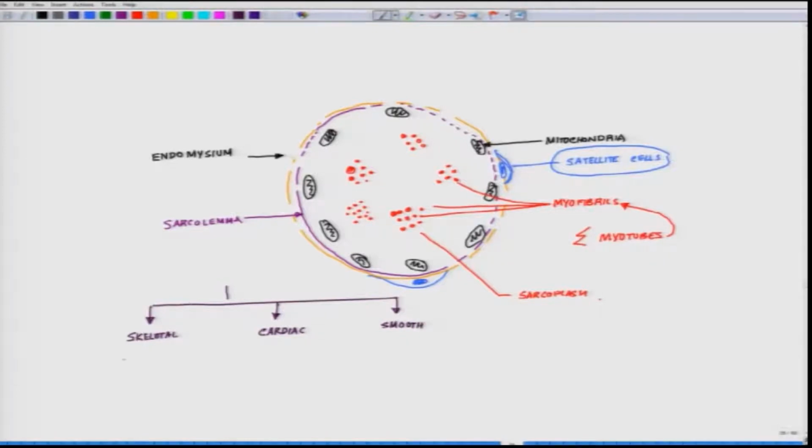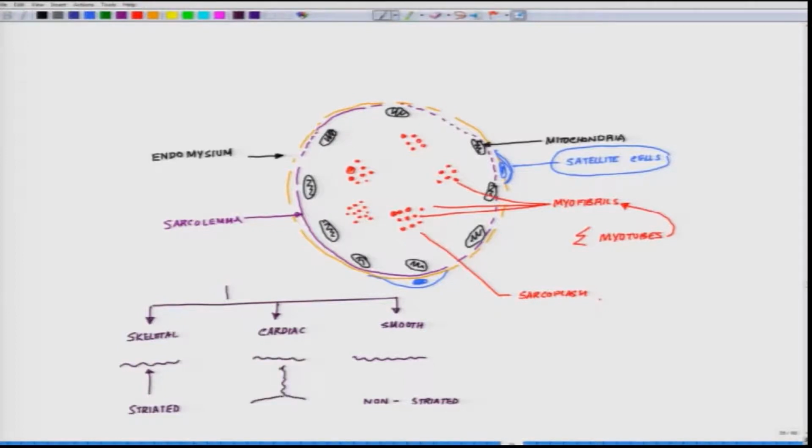Now, we introduce another way of classifying them. Skeletal muscles are striated muscles, and smooth muscles are non-striated muscles, and of course, cardiac is somewhere in between.